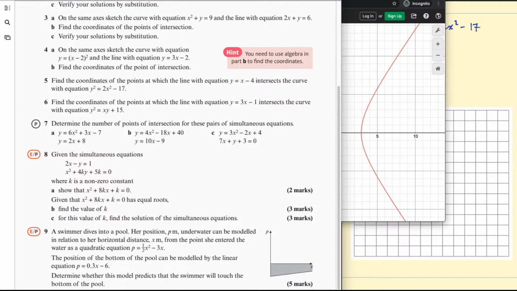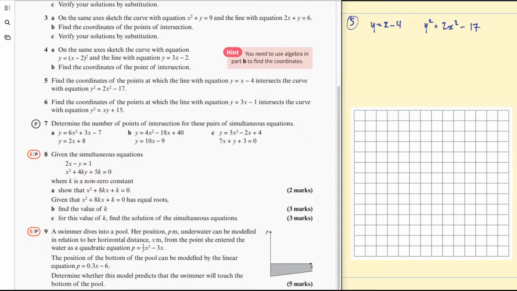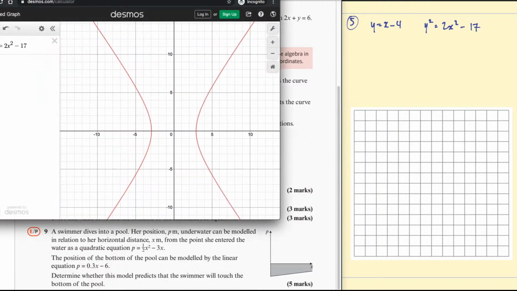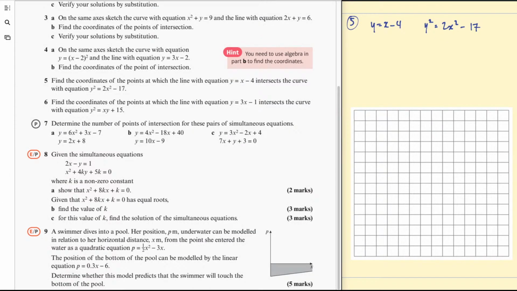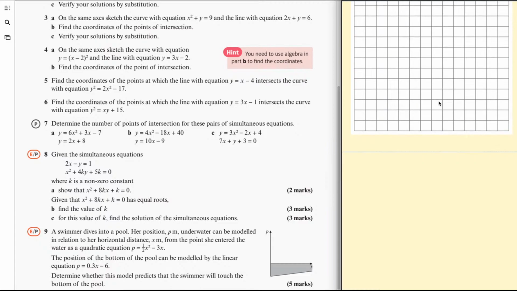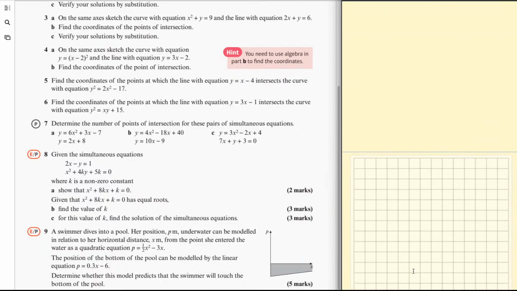All right. So what I'm going to do with this one is do it algebraically, and then maybe that's impossible. Maybe I can't solve it algebraically, and then we're going to have to graph it.